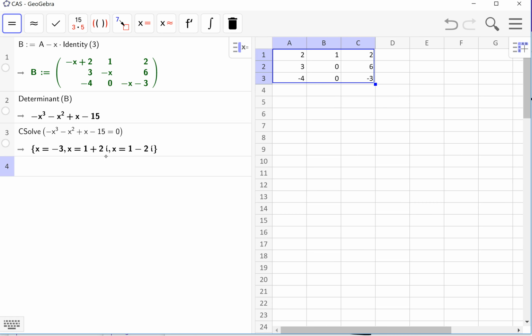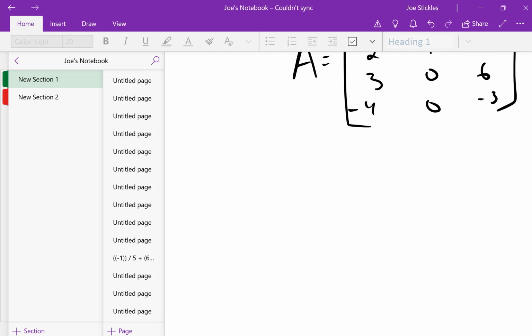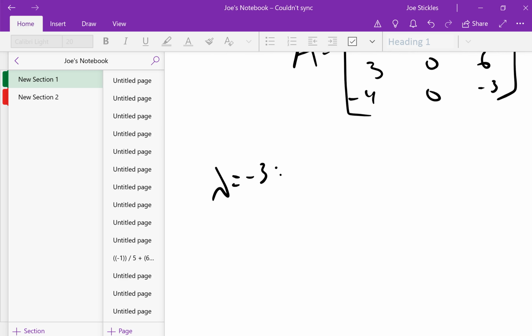So first, let's substitute into B. We want to change the x into a negative 3, and we want the reduced row echelon form of number 4. So that gives us an eigenvector of 0, negative 2, 1. So for our lambda equal to negative 3, we get an eigenvector of 0, negative 2, 1.